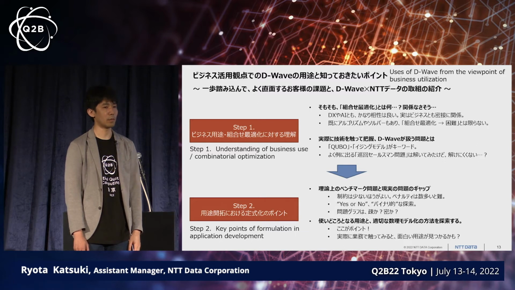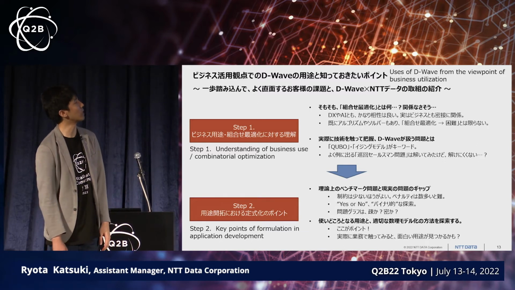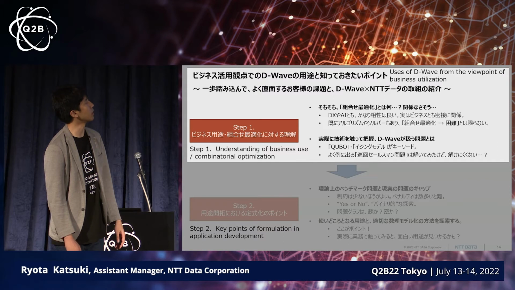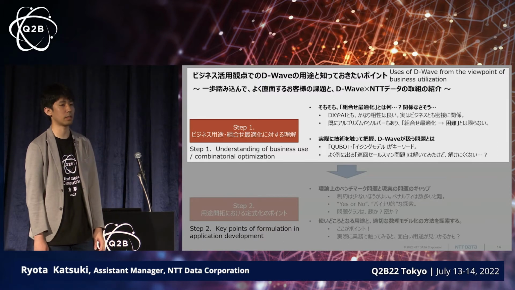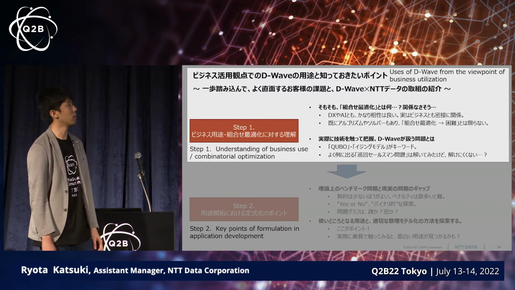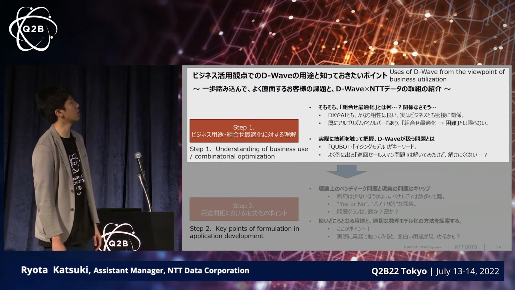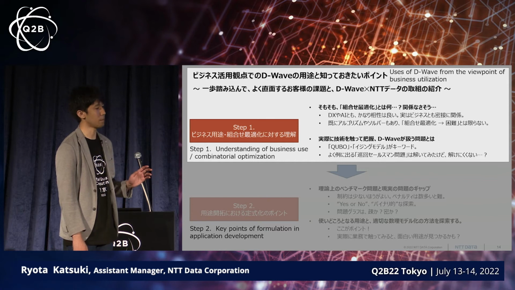Now, let me do a little bit of a deep dive to discuss some traps we discover as we talk to our customers. First of all, those people who are not familiar with quantum computing may not understand what combinatorial optimization is. Actually, however, this can be quite useful in business.